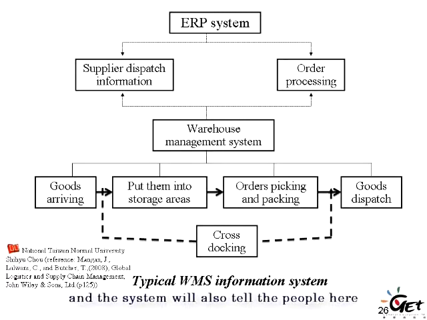The system also tells the people here to which customers these orders will be sent. This warehouse information system interfaces with the firm's information system and makes the functions performed very smoothly in the warehouse. Okay.